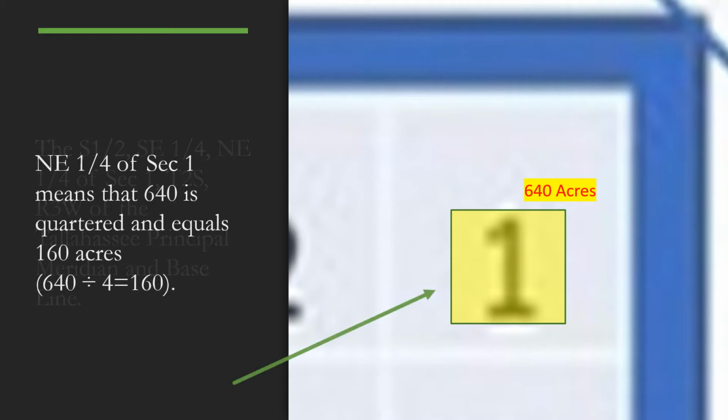Starting at Section 1 of T2S R3W, the northeast 1/4 of Section 1 means that 640 is quartered and equals 160 acres, or 640 divided by 4 equals 160.